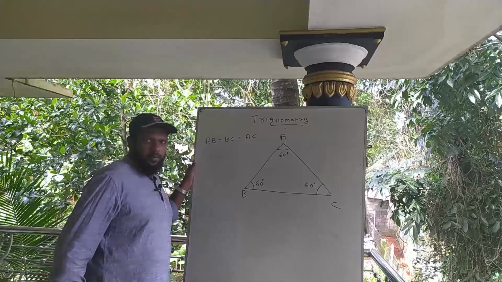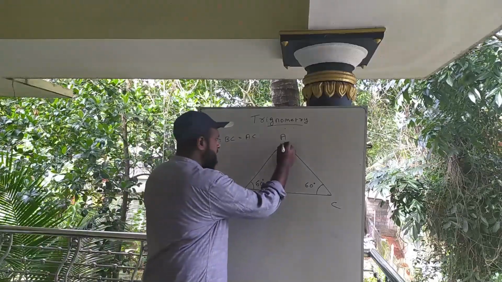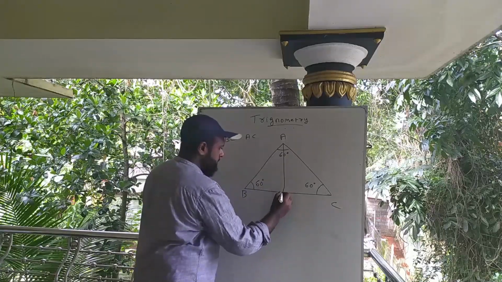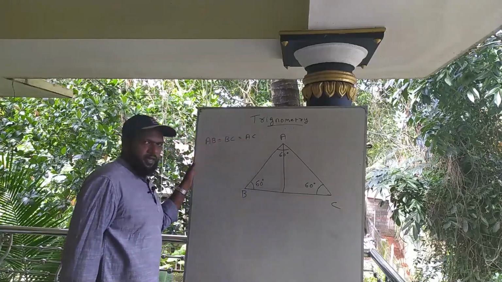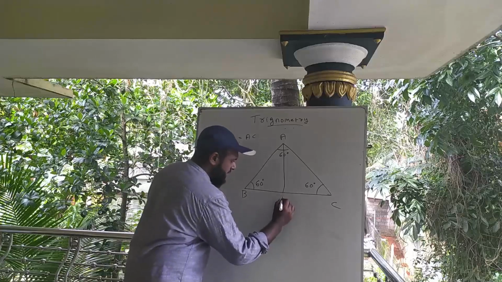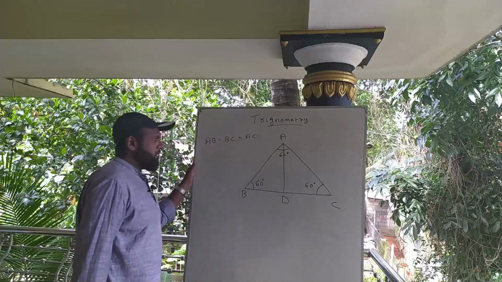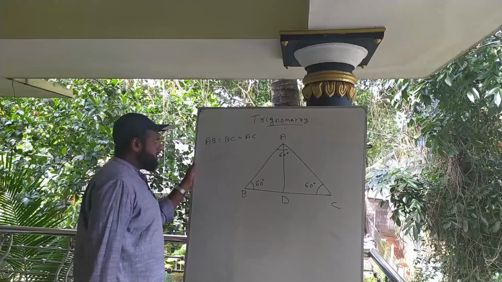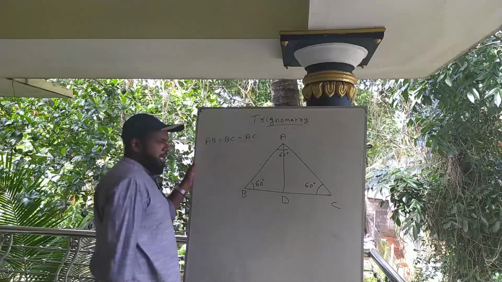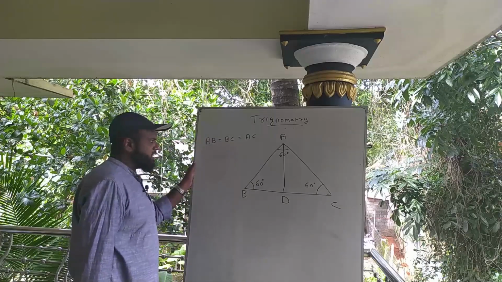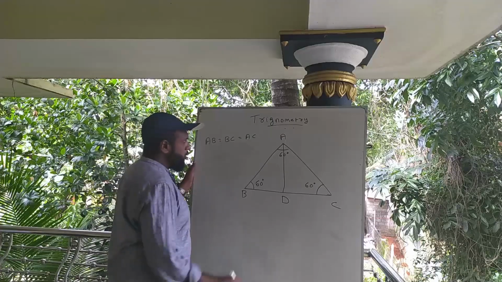Let us draw a perpendicular bisector from A to BC, and we can name this point as D. Let us consider AB equal to BC equal to AC equal to 2 unit.